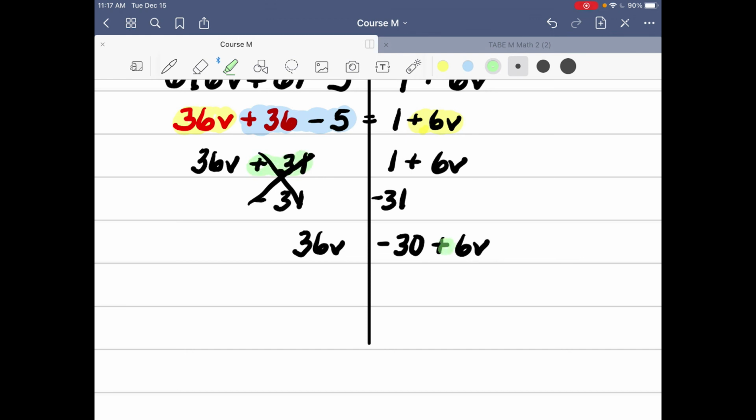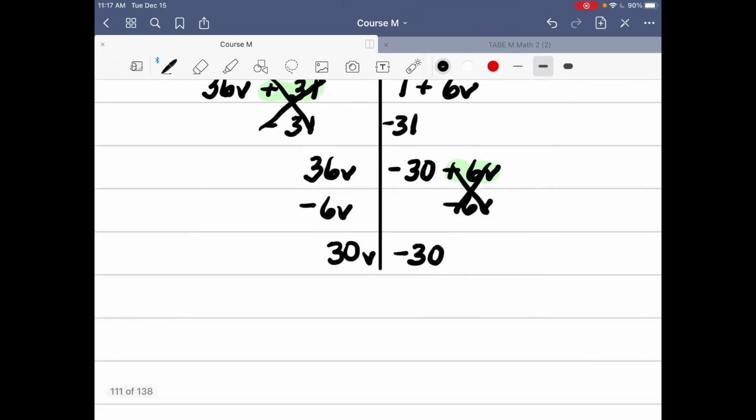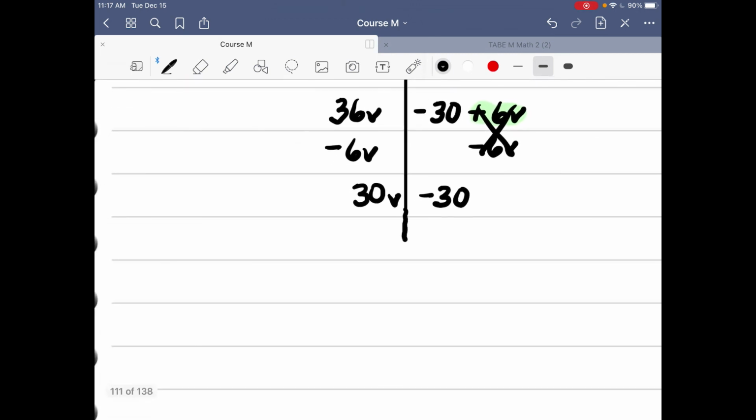We moved the 31, now we're going to move the 6v. So let's minus 6v minus 6v, and we're left with 30v and negative 30. And then I'm going to divide by the coefficient 30.